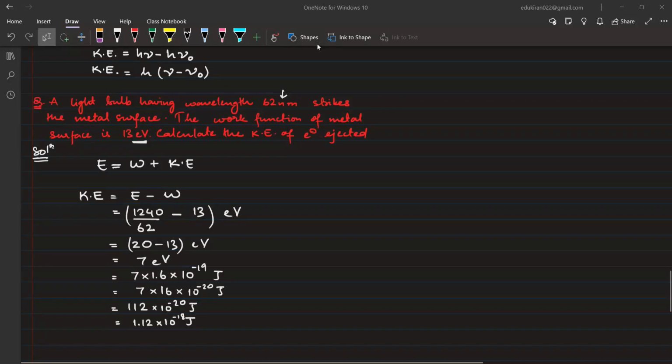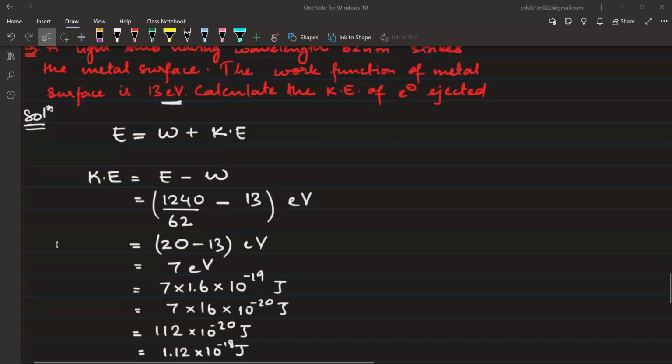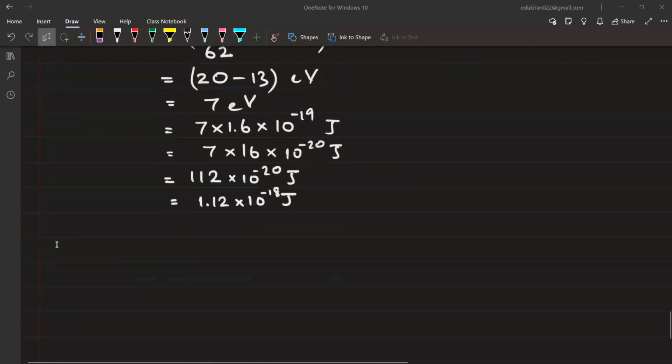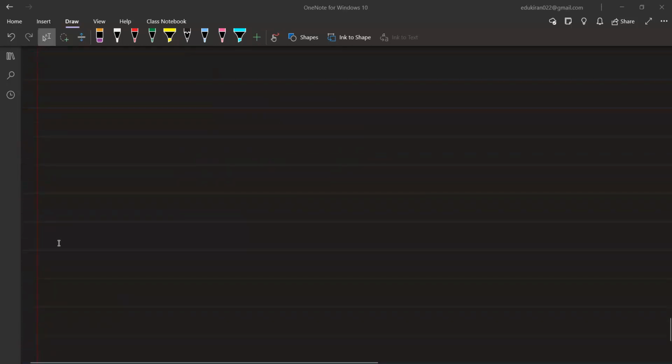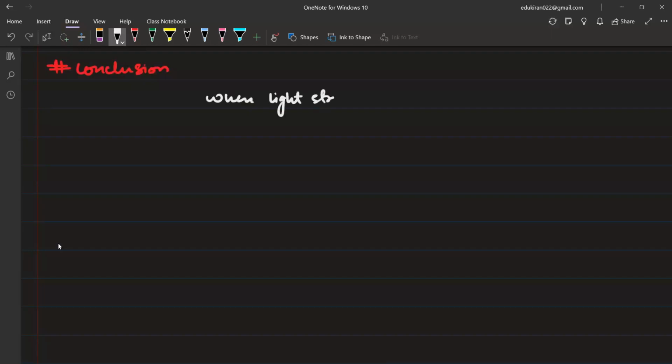Done? Okay. Fine. That means we can write a conclusion also from here. From the photoelectric effect, we can write a conclusion. Please write. When light strikes metal, then one of three things can happen.